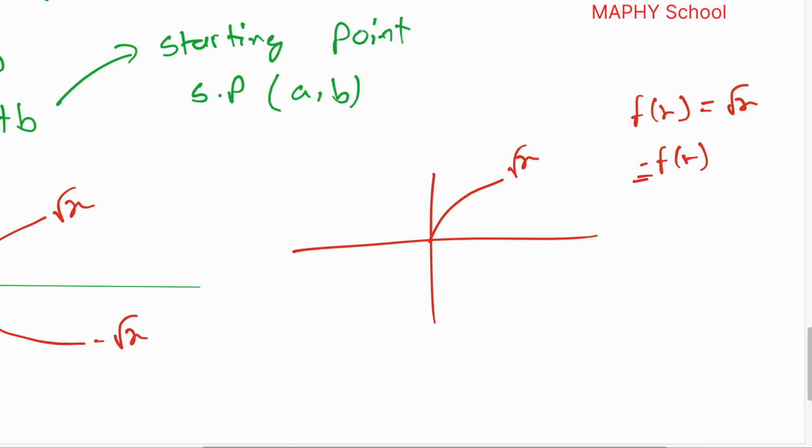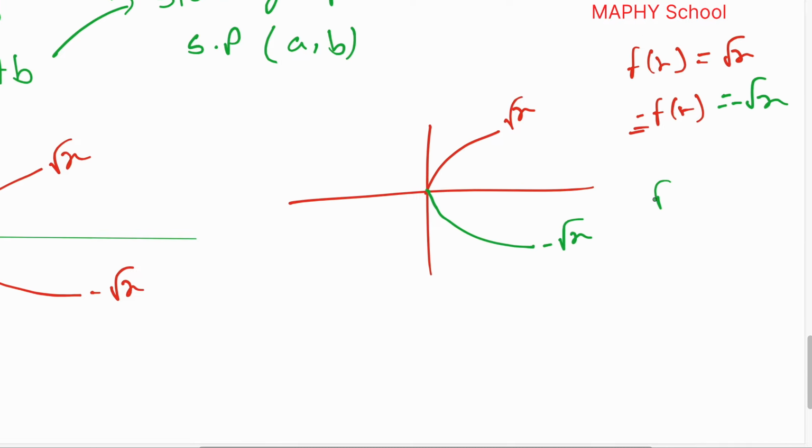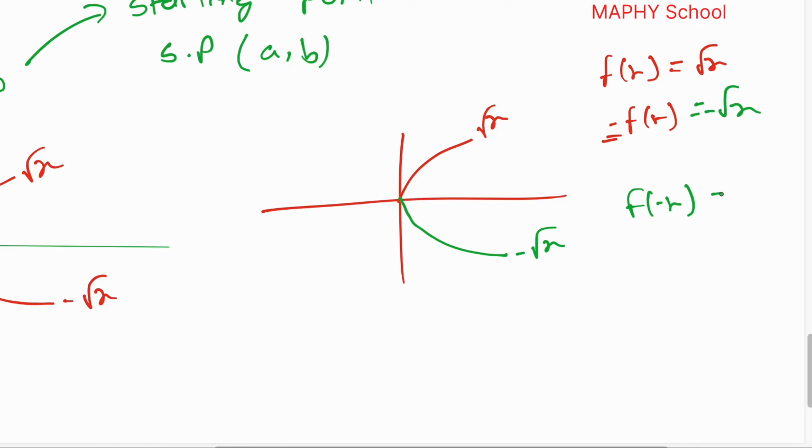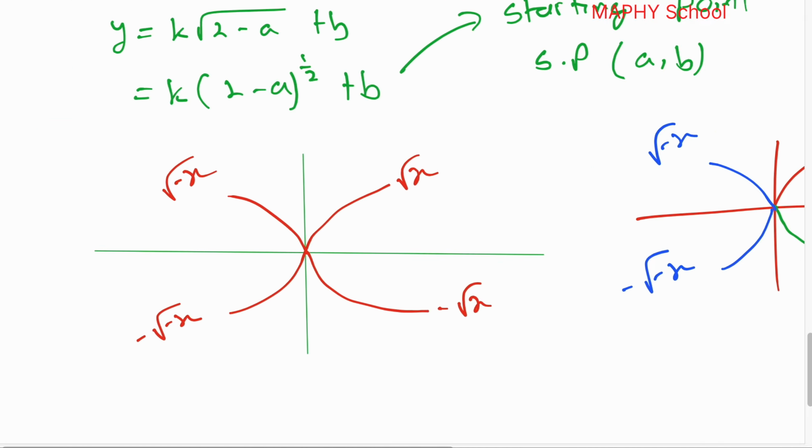That means the curve will be like this, reflection on the x-axis. That means this is minus root x. Okay, easy. Then if we get f of minus x, that means the minus is inside, that means root minus x, so it will be reflection on the y-axis. That means the curve will be like this, root minus x, and another curve which is minus root minus x. So it's easy to remember.